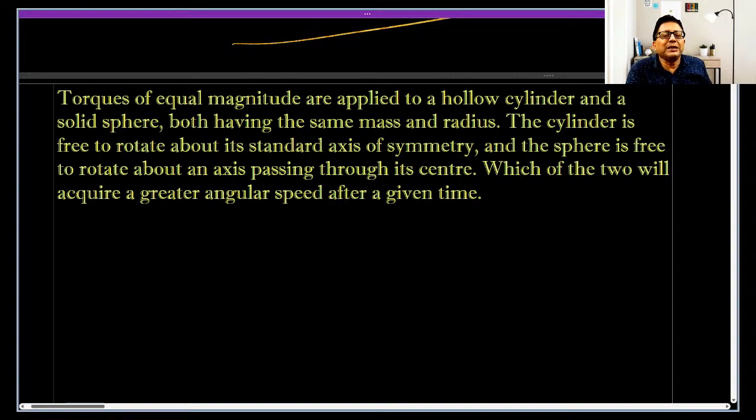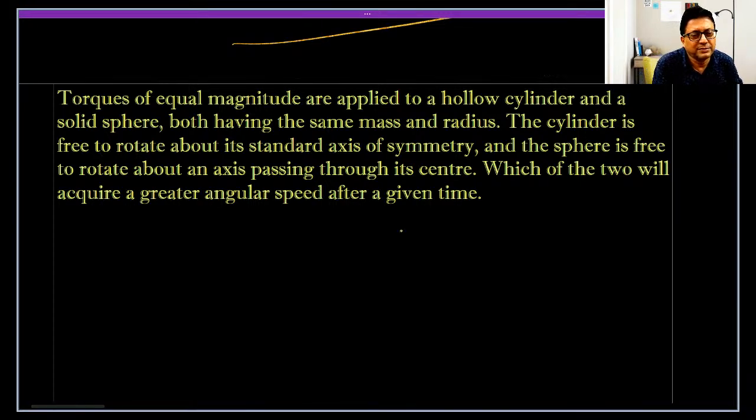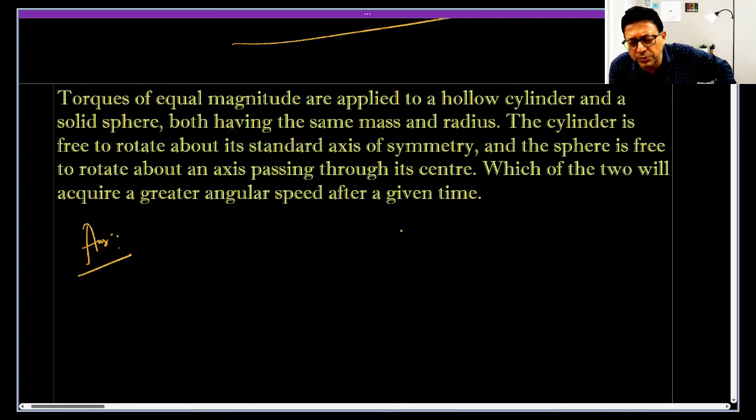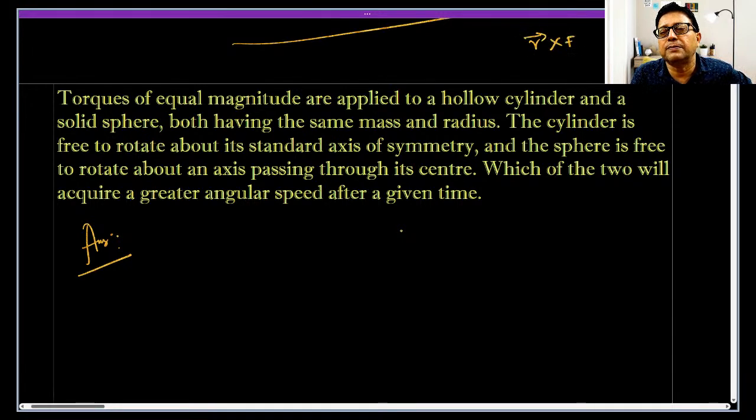Which of the two will acquire greater angular speed after a given time? Torques of equal magnitude applied. Torque formula, you know, tau equal to I into alpha, and for a single particle you have defined r cross F.